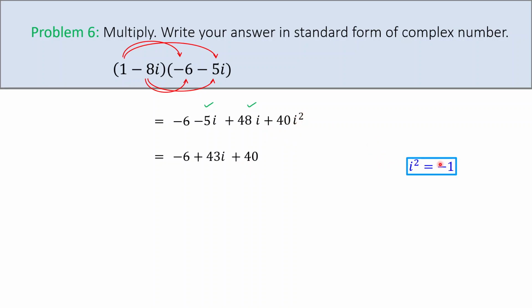So you need to substitute negative 1 for i squared. 40 times i squared is 40 times negative 1, which is negative 40. Equal to, now you can combine 96 and negative 40. 96 minus 40 is negative 46 plus 43i. This is the answer. This is in standard form.